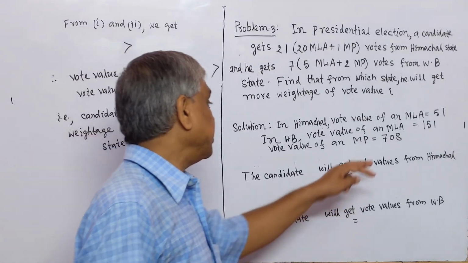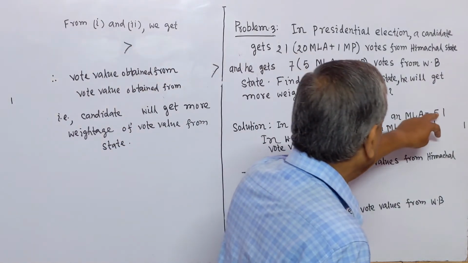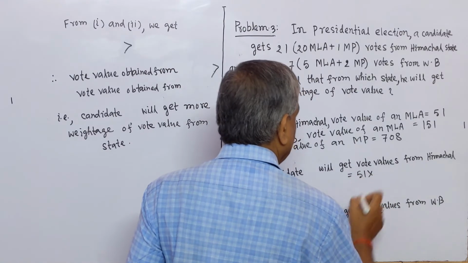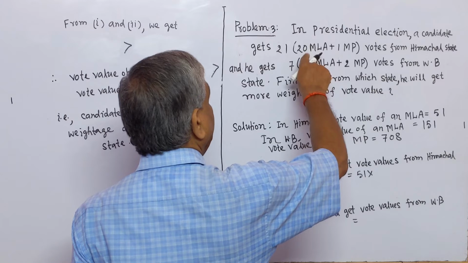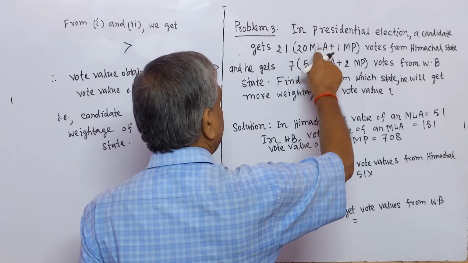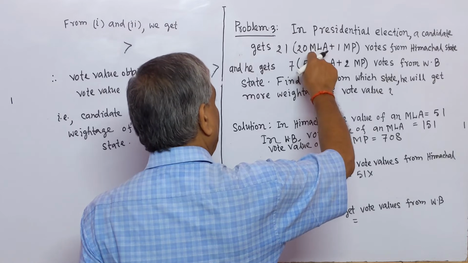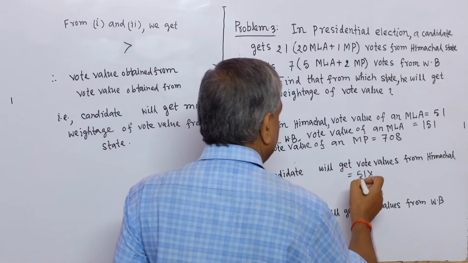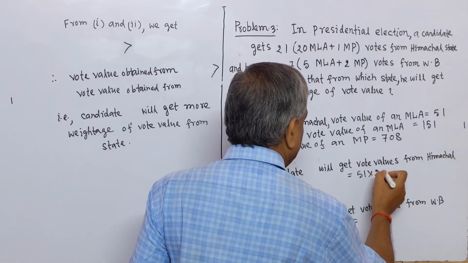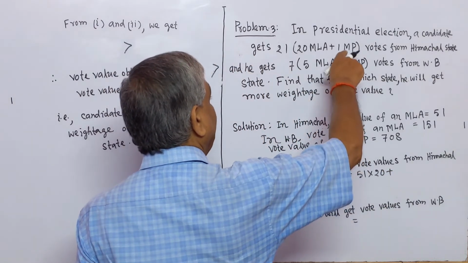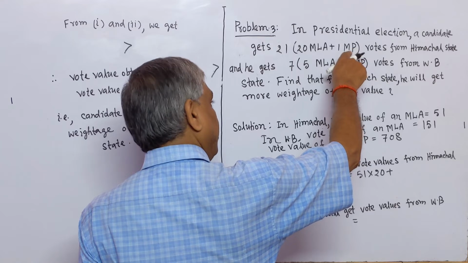Since in Himachal state vote value of an MLA is equal to 51 and he gets 20 MLA votes from Himachal Pradesh. Therefore, vote value of 20 MLA votes will be 51 multiplied by 20. And he gets 1 MP vote.